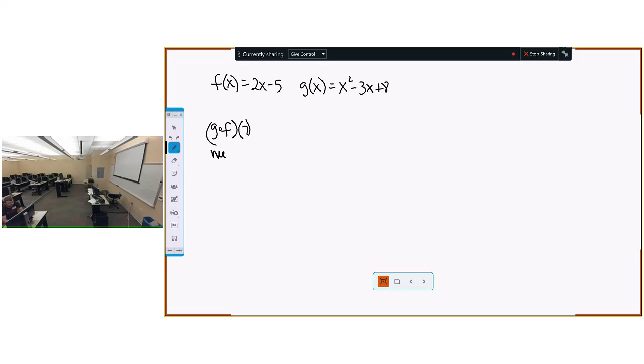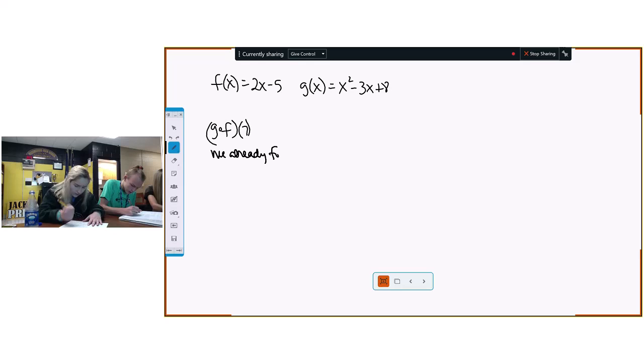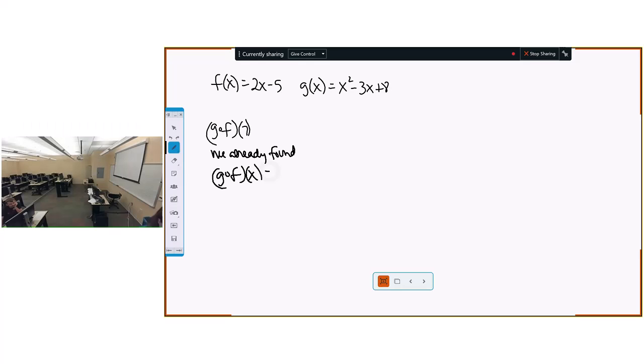We already found g circle f of x to be 4x squared minus 26x plus 48. So then g circle f of 7, we would just put 7 as the input into this.